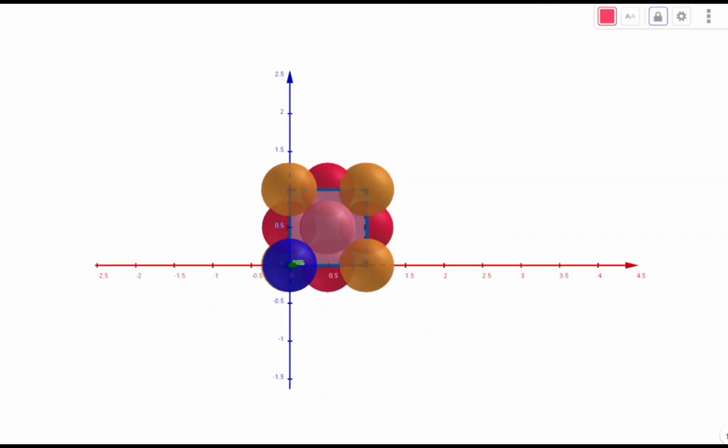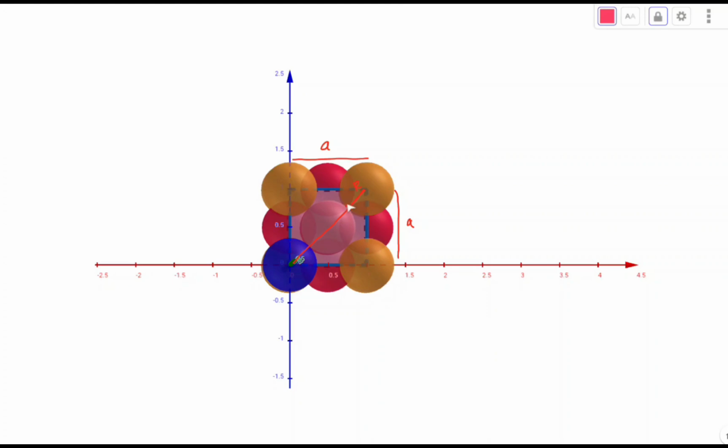Now let's find the relation between the lattice parameter and the radius of the sphere. This is the radius of the sphere right here, and this is A from center to center, and this is A as well. Now to find the relation, pay attention here that this atom is not in contact with this one here, and this one is not in contact with this, not even this one here. The only atoms in contact are in the diagonal of the face of the cube, which is this one here.